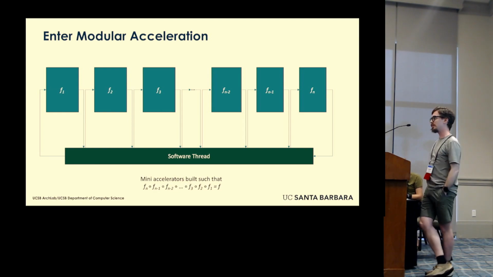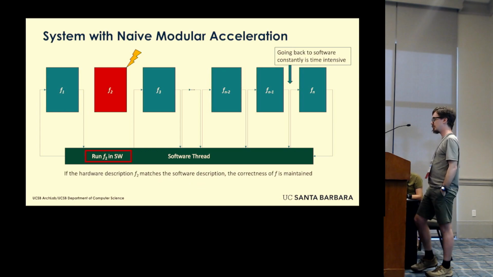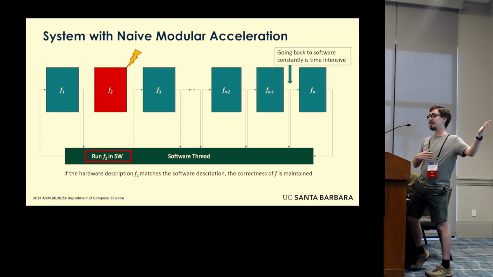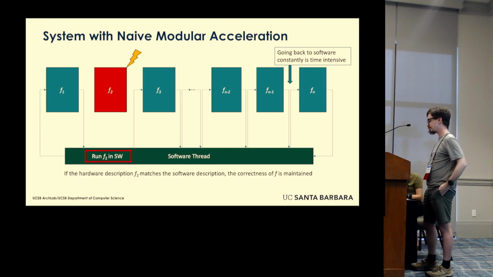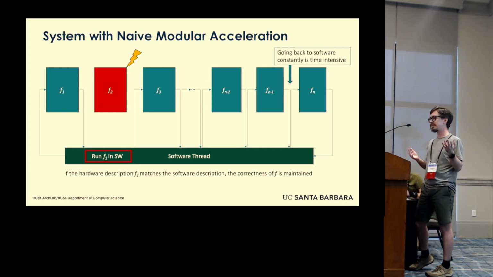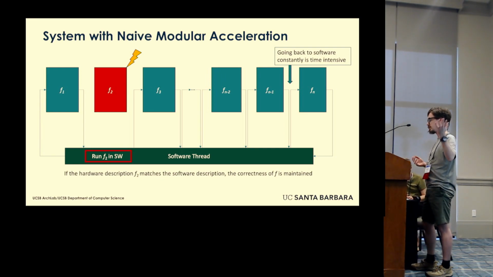It doesn't really sound exactly ideal, but what it does enable us to do is when we have a failure occur, we can simply run that one piece in software, and we don't need to throw the whole thing back to software, just the piece, the modular piece that we're going to have the problem with.